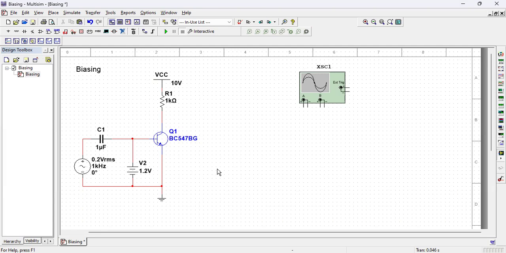A DC source is always a short circuit for an AC source. So this AC current will go through this short circuit path, and nothing will go through the base emitter junction. So it will not work. What you have to do is always put a guard resistor here in the battery path, right?